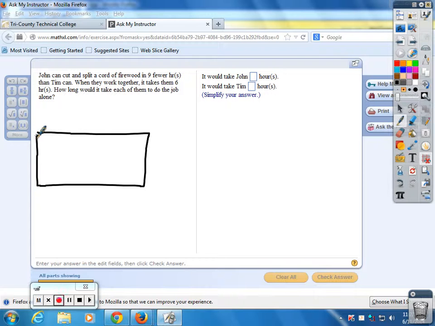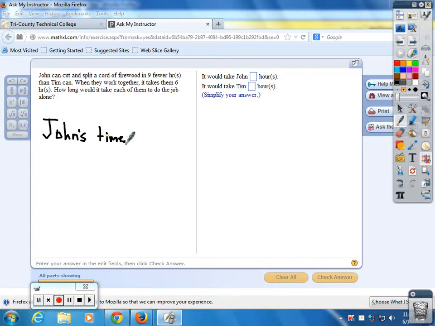No, this isn't distance equals rate times time. I'm sorry, it's not that one. John's time is going to be equal to T minus 9. Tim's time is T. Okay, what else do we have? 6 hours.